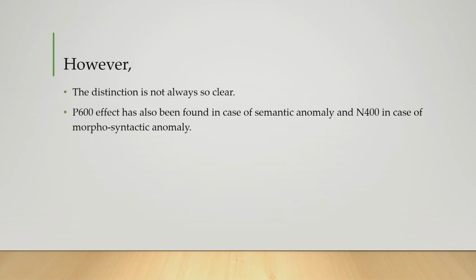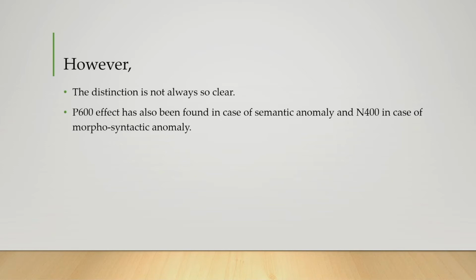So, there are these various ERP components that are connected to various styles of processing and difficulty in processing. However, some recent studies have found that this kind of watertight compartmentalization probably is not always possible, because the distinction is not always clear.